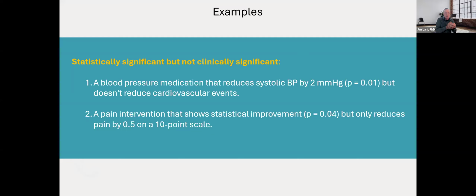The blood pressure medication reduces the blood pressure, but it doesn't impact cardiovascular events. A pain reliever shows improvement, but only reduces pain a little bit. Sometimes statistical significance is based on the sample size. For large sample sizes, oftentimes you can find statistical significance, but the change is so minute.